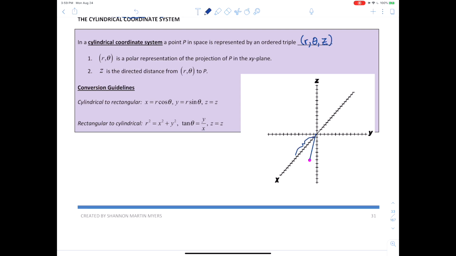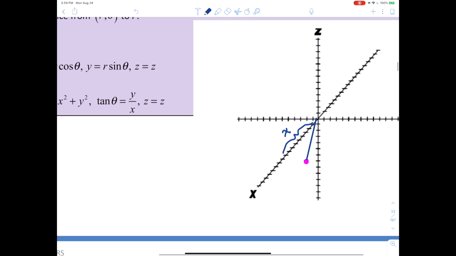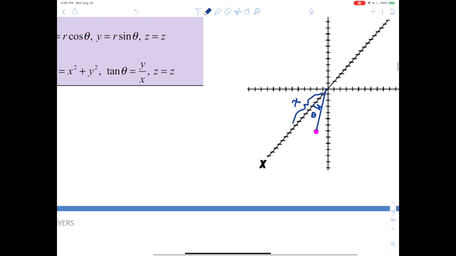And so right here, this right here is our x, okay? And then r is this rotation right here. Or not r, sorry, that's theta, okay? And then y, that's about here.